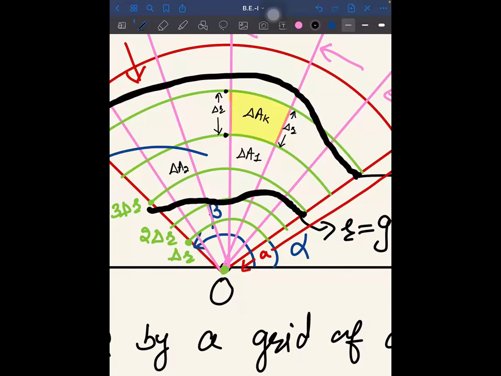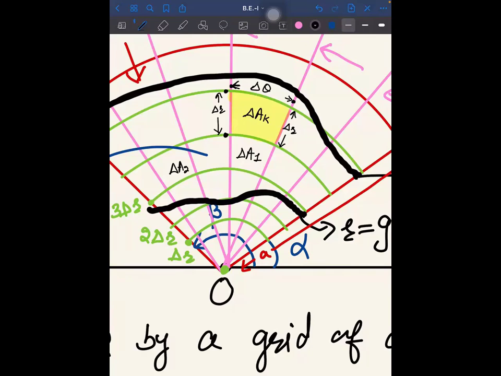And what about the rotation from this point to this point? Kitni hai rotation? Delta theta. Yes, delta theta. In every polar rectangle, the amount of rotation would be delta theta, and the change in the radius would be delta R. Are you with me?